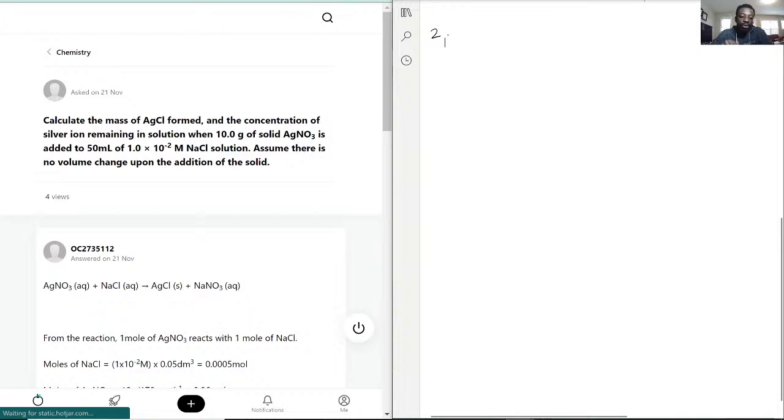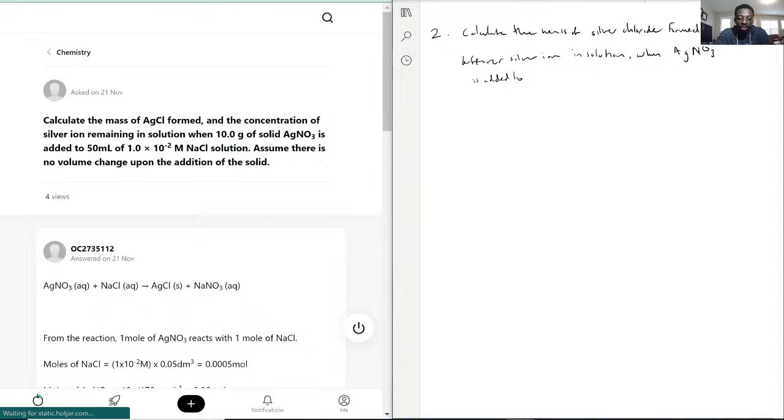Calculate the mass of silver chloride formed, and the concentration of silver ion leftover in solution, when AgNO3 is added to 50 mL of 1.0 times 10 to the negative 2 molarity NaCl solution.